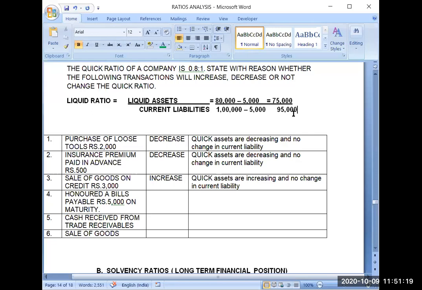If you divide 15 by 19, it is coming 0.78. It's a slight difference only, not that much, but even then you can see that it is decreasing.